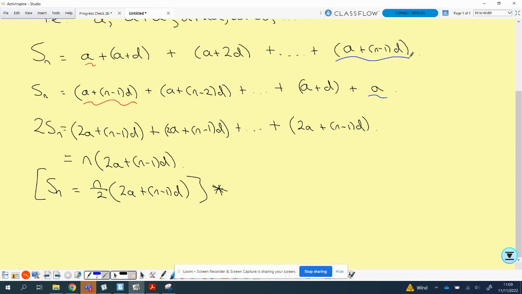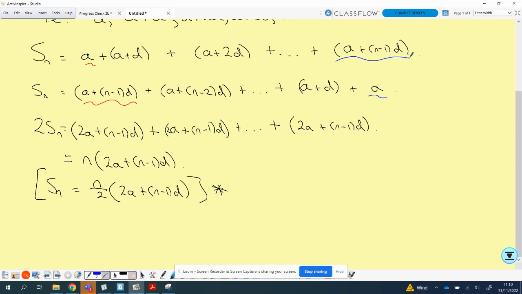So therefore I've got two lots of a in every single one. Are you asking me about why I've got n over 2 here? Yes. Remember, because I had two sequences that were summing the same thing, when I added these together, I need to spot that I'm adding the sequence twice. So I've got two lots of that sum. Then I divided by 2 to get just what the sum would be.